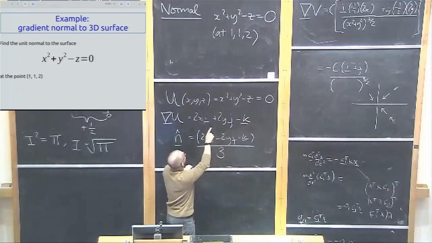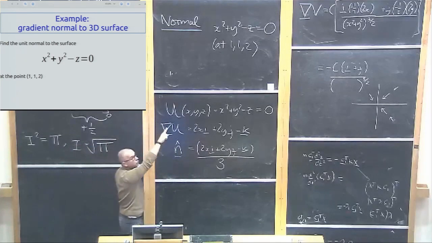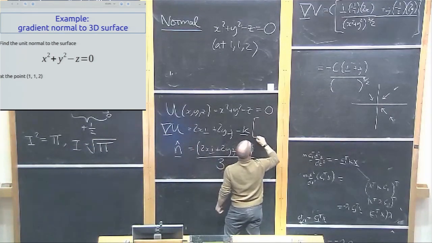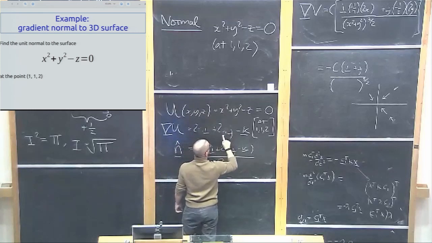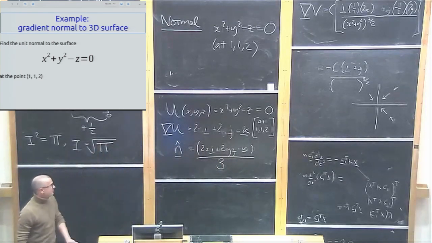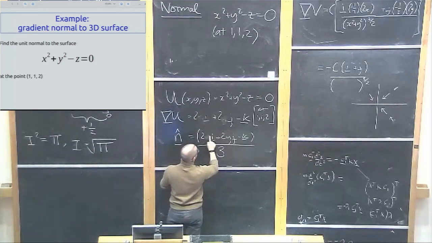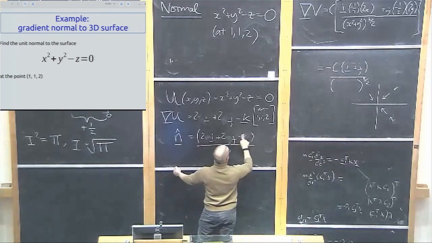First off, I should remember that we're evaluating this at 1, 1, 2. So at 1, 1, 2, this becomes that, which is rather convenient for this question. Thank you very much for spotting that. Which then in fact reduces to this.